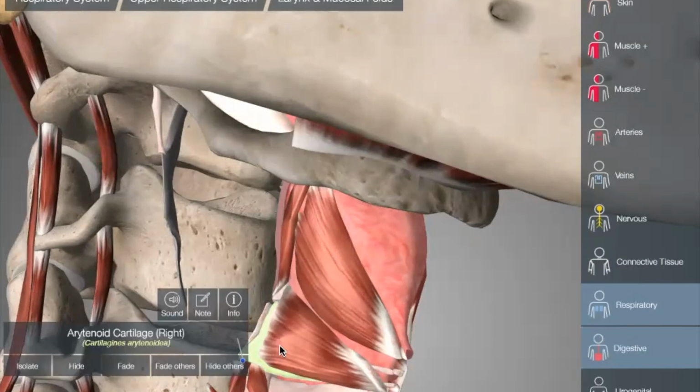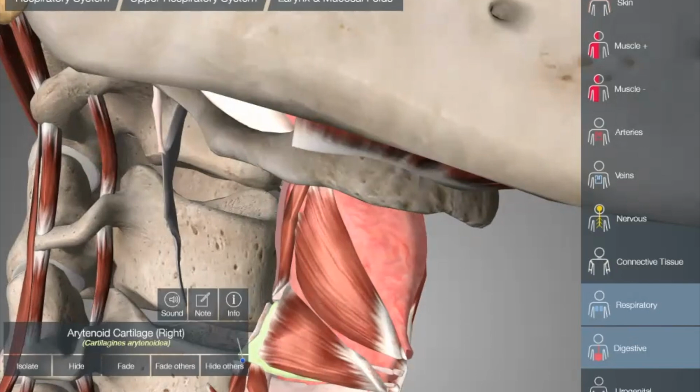They move specific structures inside, not everything. The intrinsic muscles play a very important role in breathing and phonation. So the extrinsic helps in swallowing, but the intrinsic helps in phonation and breathing.